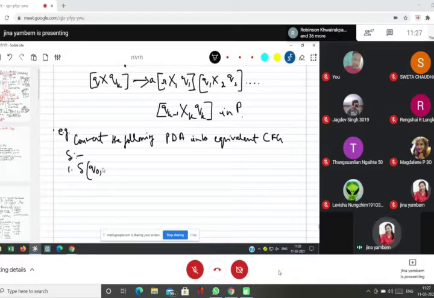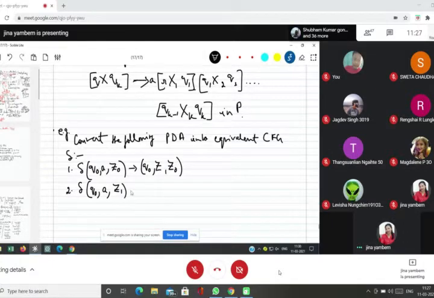Number 1: delta(q0, a, Z0) = (q0, Z1 Z0). Number 2: delta(q0, a, Z1) = (q0, Z1 Z1).